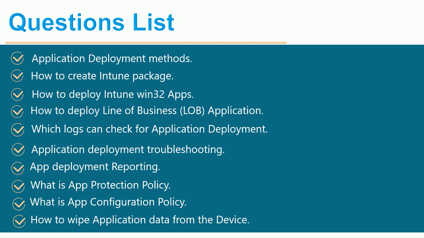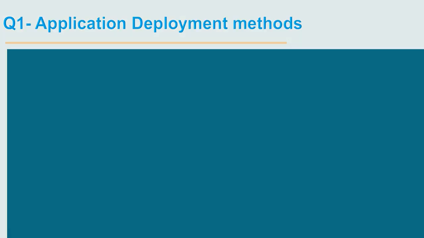How to create an Intune package, how to deploy an Intune Win32 app, how to deploy a LOB application, which log you can check after the app deployment, application deployment troubleshooting, app deployment reporting, how you can check where the application was installed, what is the app protection policy, what is the app configuration policy, and how to wipe your application data from the end user device. So now let's move to the next slide.